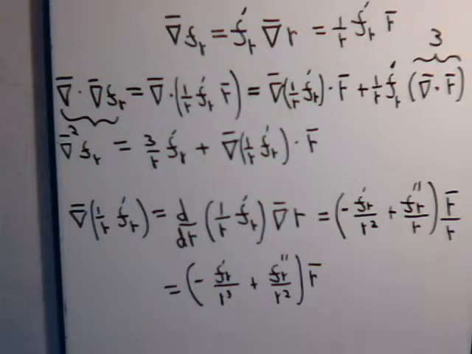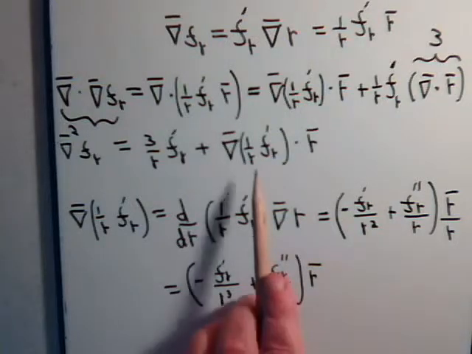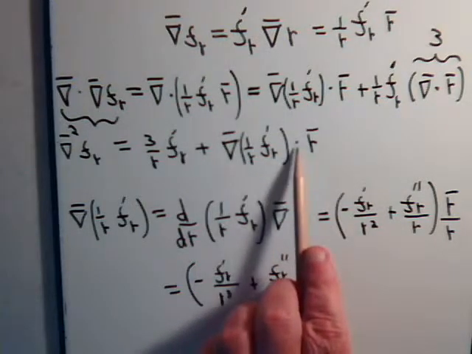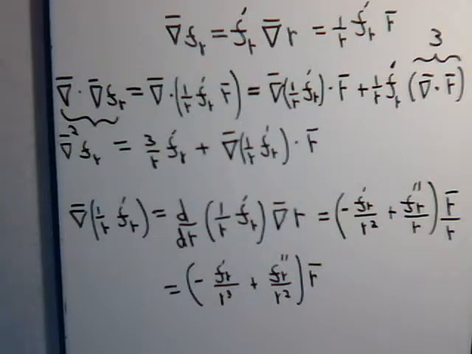So let's see where we are at. We have this expression here equals this. And what are we supposed to do with this expression? We're supposed to take the dot product of it with the position vector r.